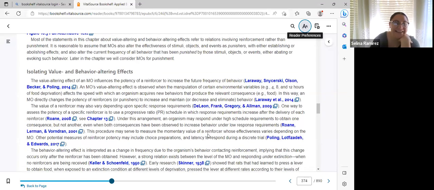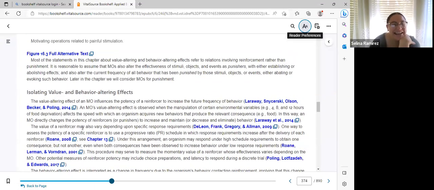I'm gonna keep going. Okay, isolating value and behavior altering effect. The value altering effect of an MO influences the potency of a reinforcer to increase the future frequency of that behavior. An MO's value altering effect is observed when the manipulation of certain environmental variables affects the speed in which the organism acquires new behaviors that produce the relevant consequence.